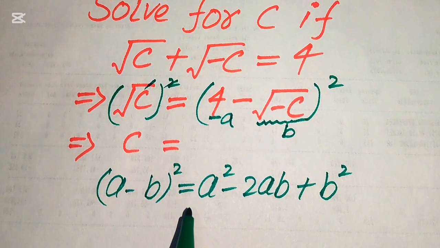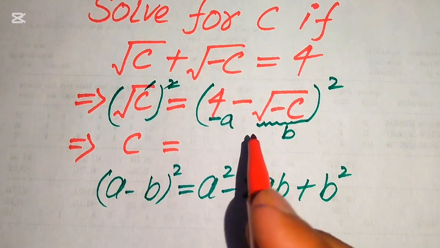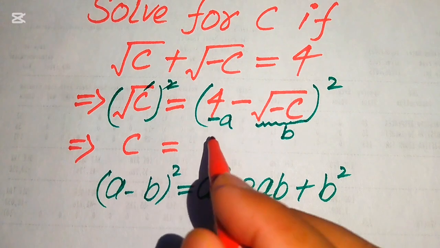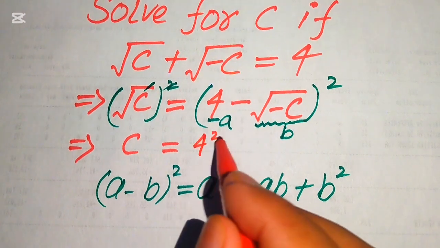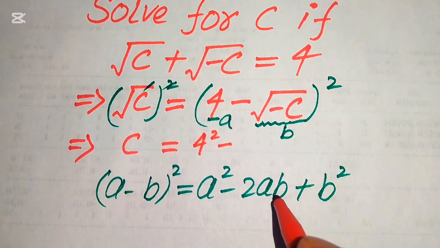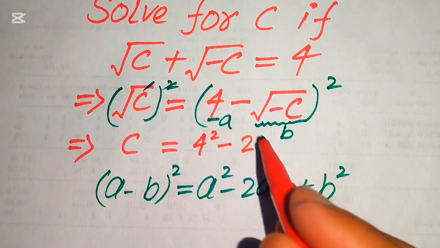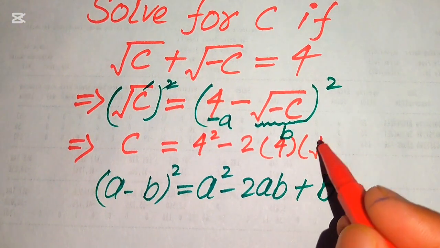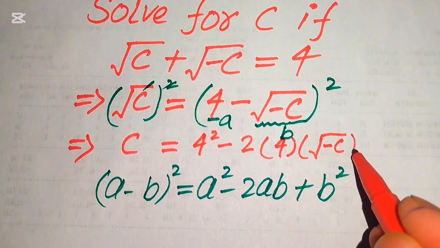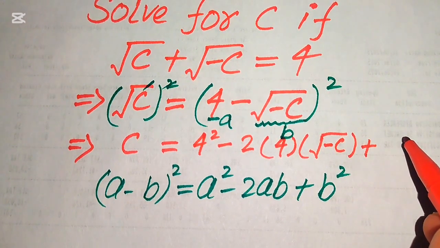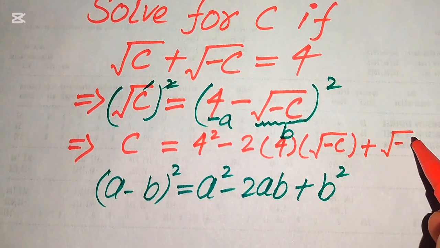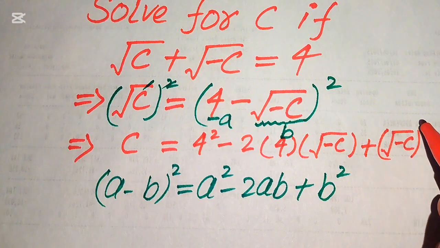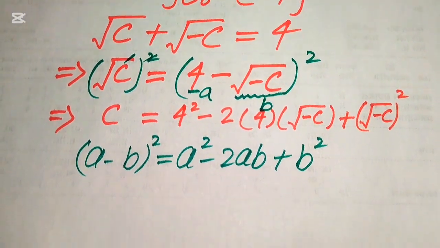And now according to this formula we expand the right hand side of the above equation. So here first you have a square, so our a is 4 square, minus 2 times ab. Here our a is 4 and b is square root of minus c, and plus b square, so b is square root of minus c and its whole square.